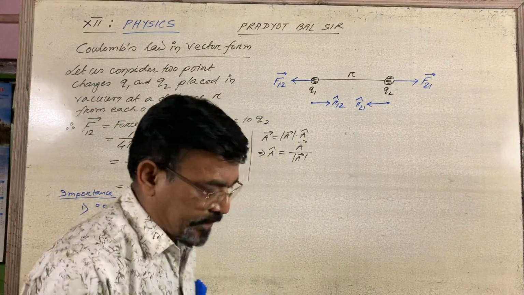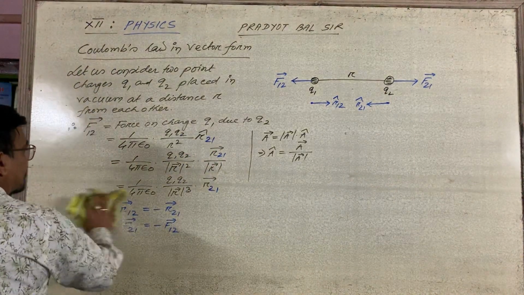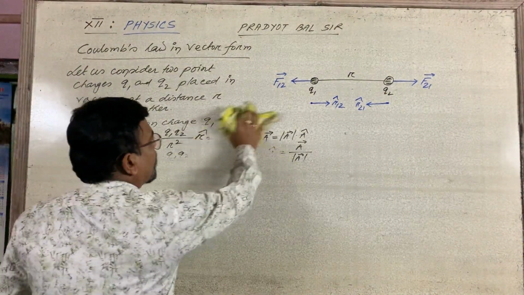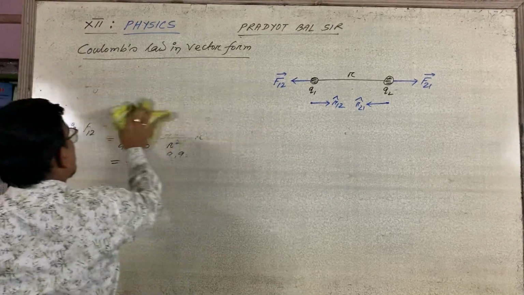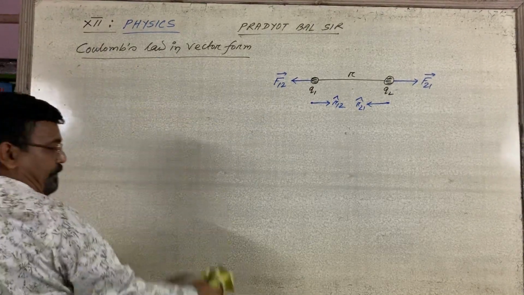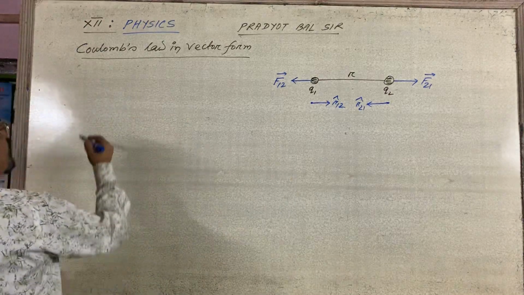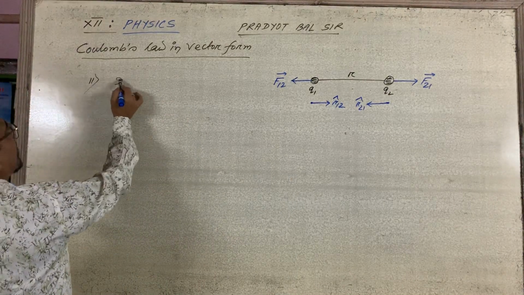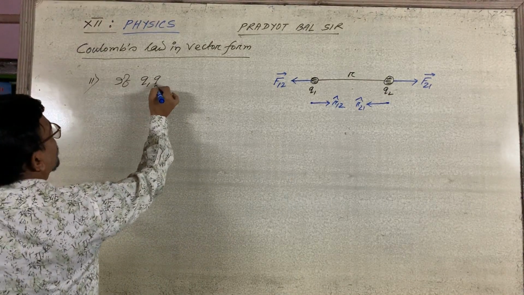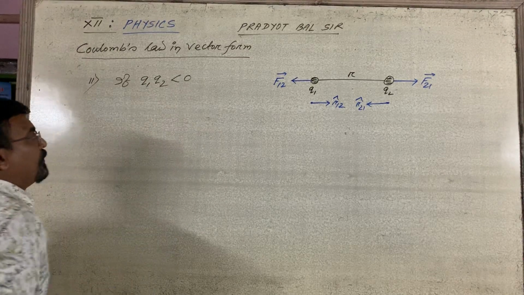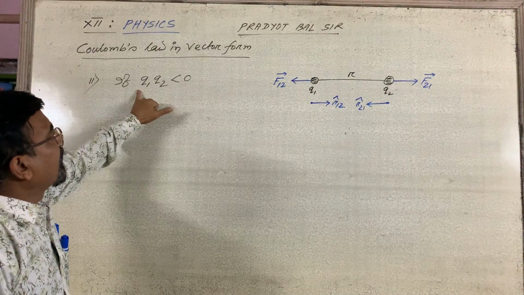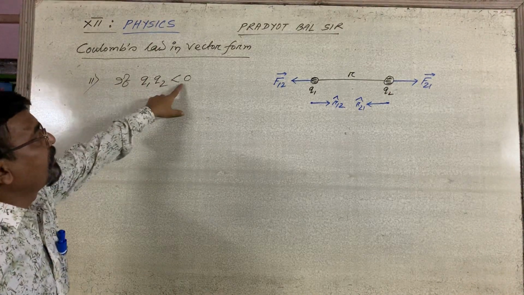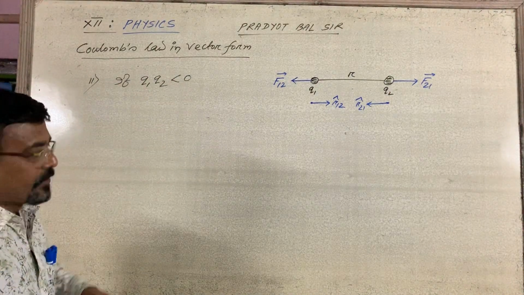Second importance, you will have to remember, there are two charges Q1 and Q2. We have taken the two charges as positive. So number 2 case, if you get Q1 into Q2 less than 0, when can you get this? If one is positive and the other one is negative, then only you can get less than 0.